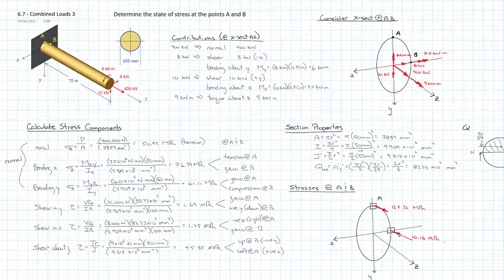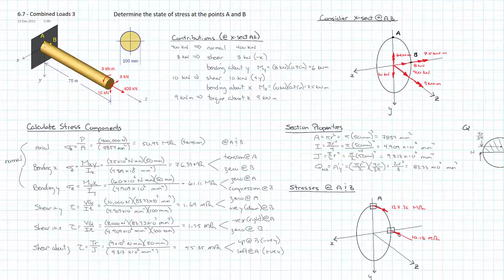So now we have to do our shear stresses, and I'm just going to work my way down. So at A, the first one is 0, so it doesn't matter. So we get a negative x direction 1.35 at A, and then it's going the opposite direction, positive x direction, 45.85.